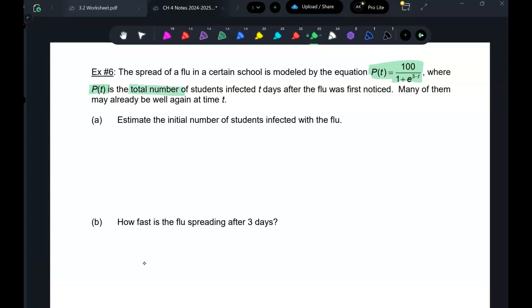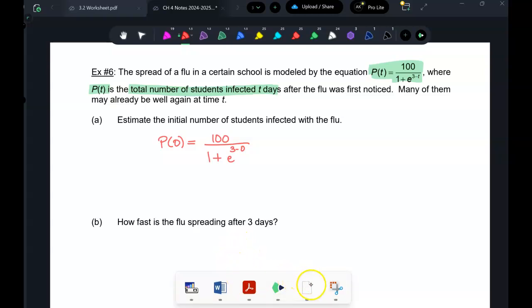So here's the function. P of t is the number of students infected, and t is in days. Estimate the initial number of students infected with the flu. That's talking about P of 0. I can do this here or on the calculator. I'm going to change the window.